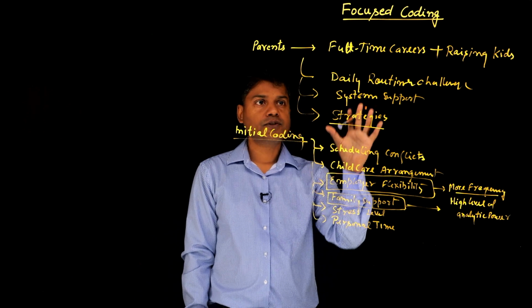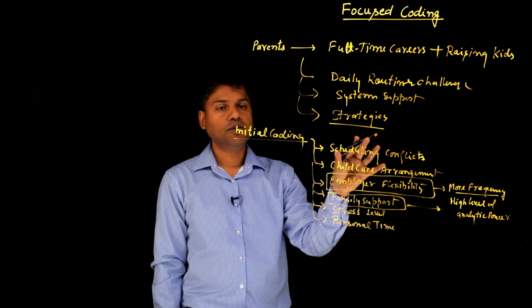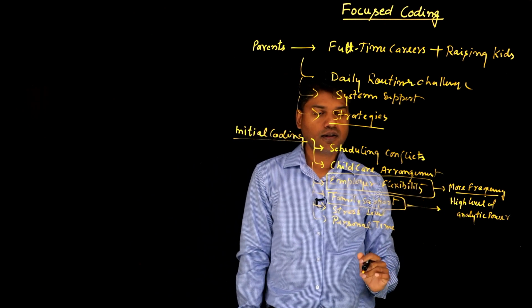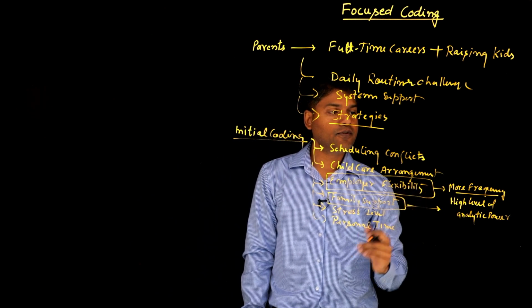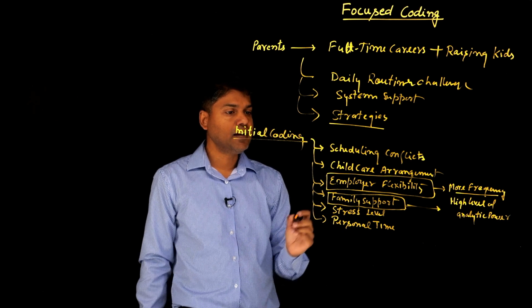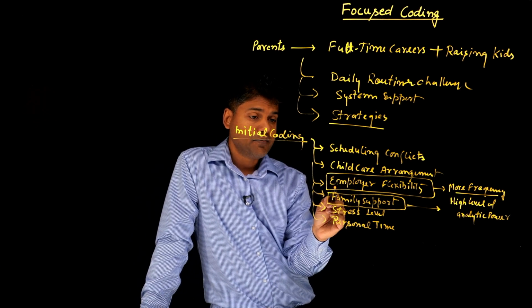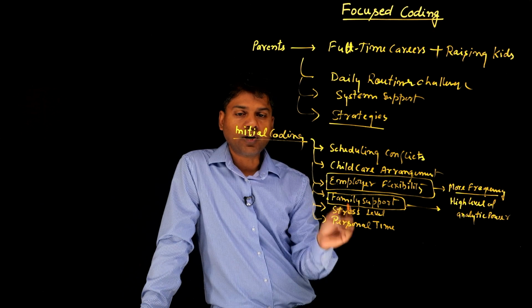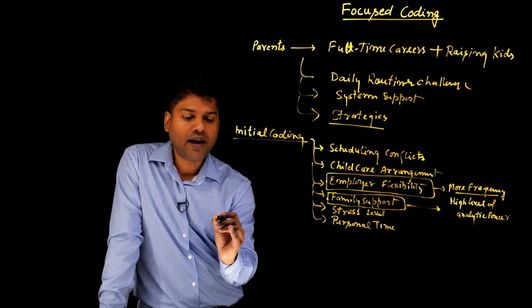So the first step is initial coding, and then I look at the codes which show a high level of frequency as well as analytic power. The third step is I will focus on these two codes and do focused coding on them. So what will I do? I'll go back to the data.